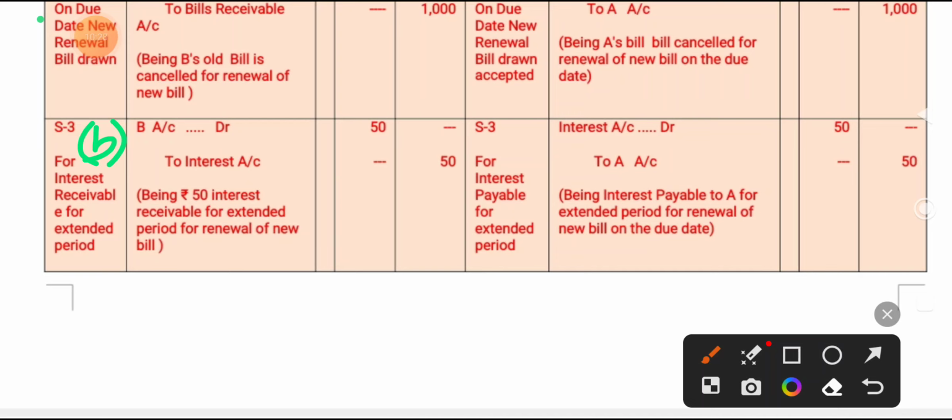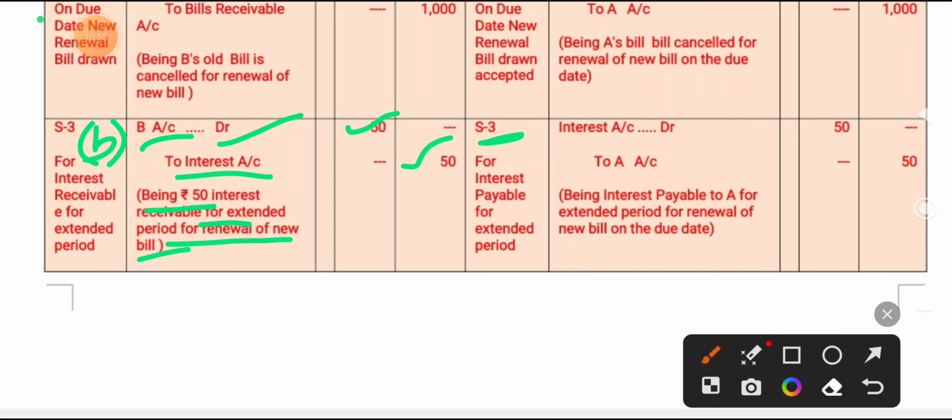So in the books of A, who has to pay that interest? B. So debit the receiver, the person from whom we need to receive. B's account will be debited to interest account 50 rupees, being rupees 50 interest receivable for extended period of renewal of new bill.